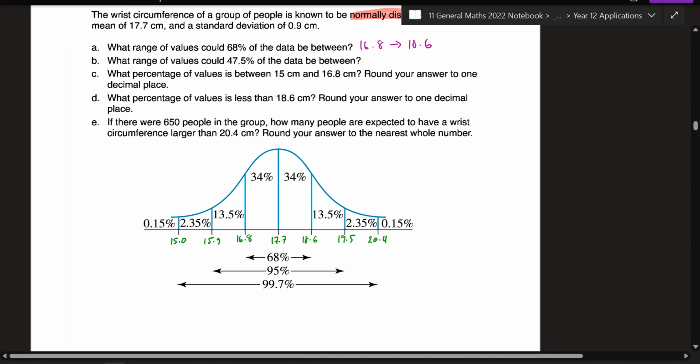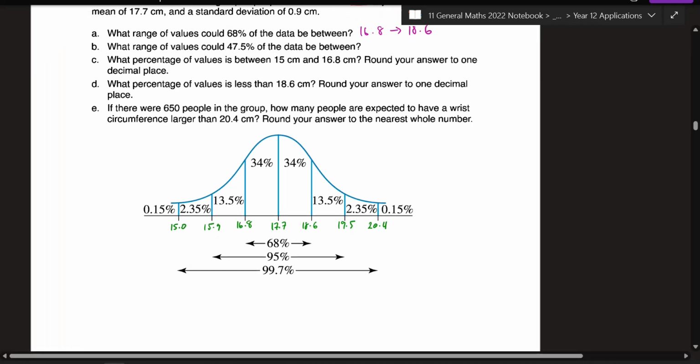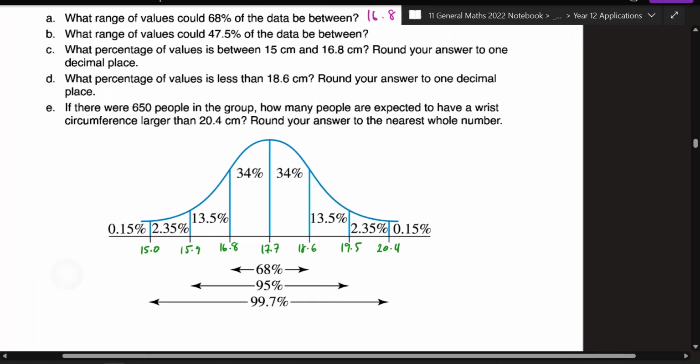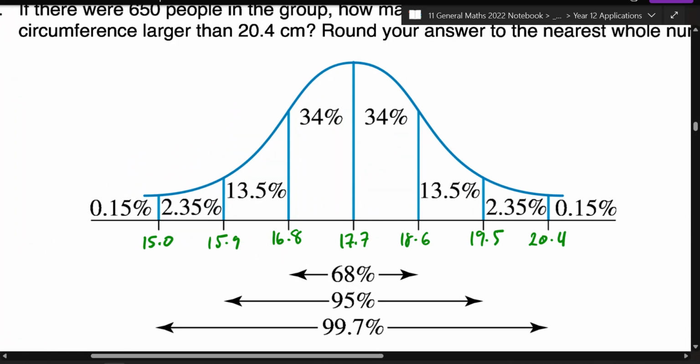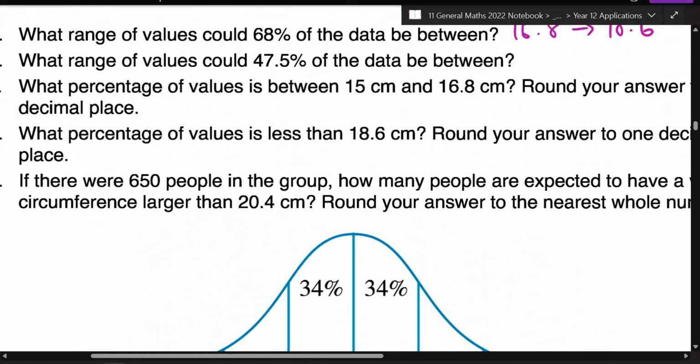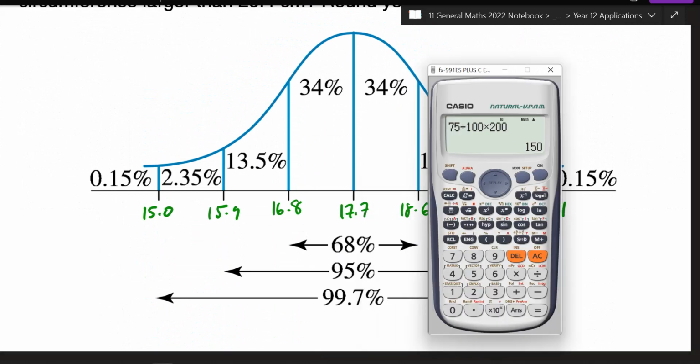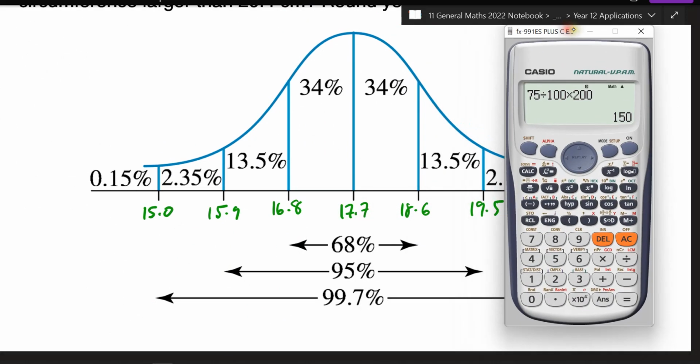Question B, what range of the values could 47.5% of the data be between? Where do we get that? When it comes to working with this, you need to look at the percentages and add certain ones. So where could 47.5% of your data lie? Well, let's get a calculator out and add some numbers.